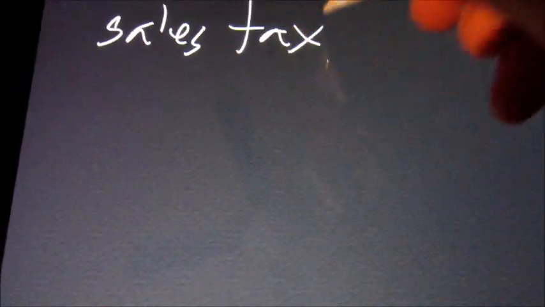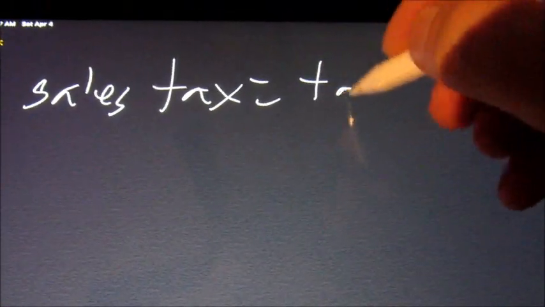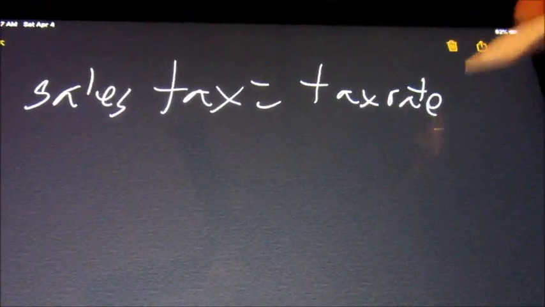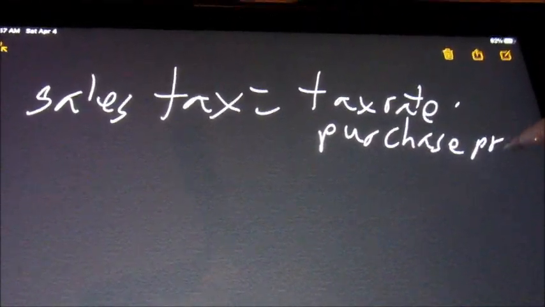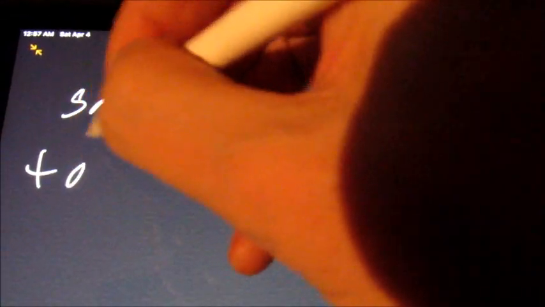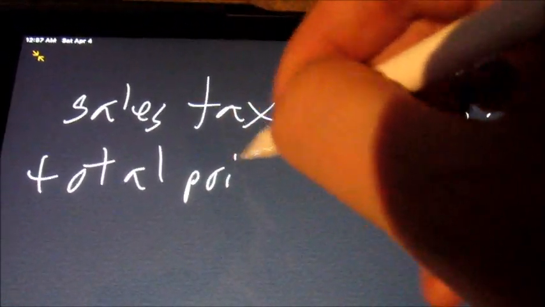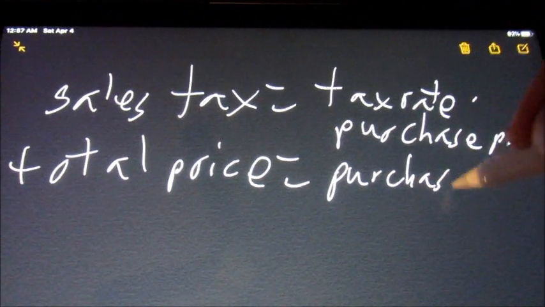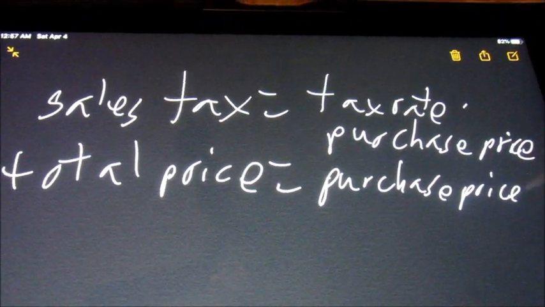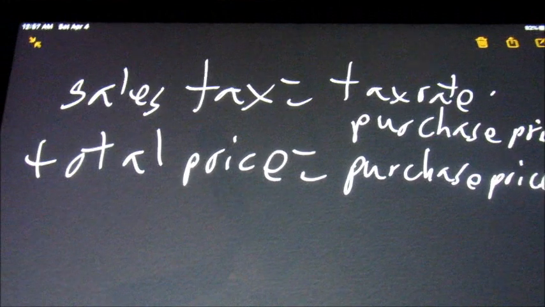Alright, so next, let's say that we have some sales tax questions. So we know that sales tax equals the tax rate times the purchase price. And the total price is the purchase price plus the tax.